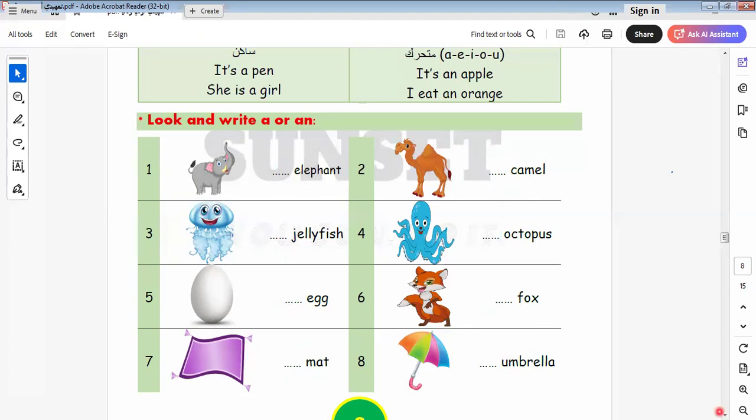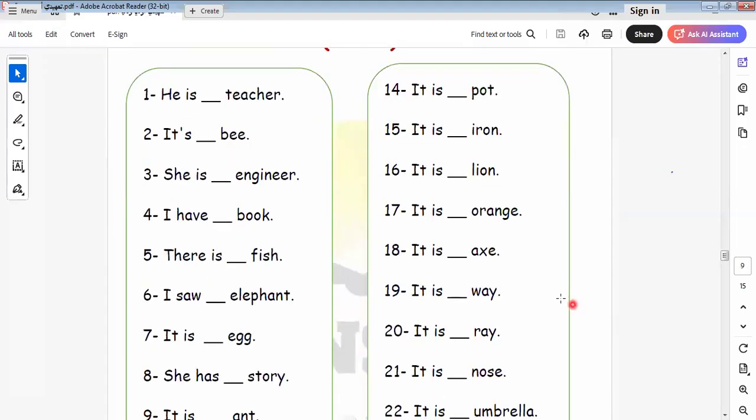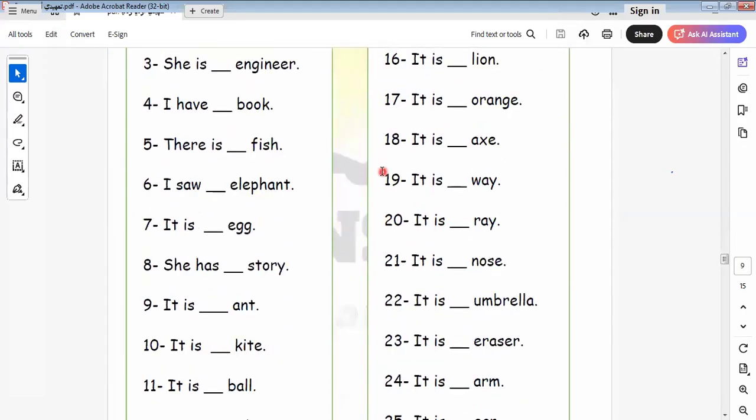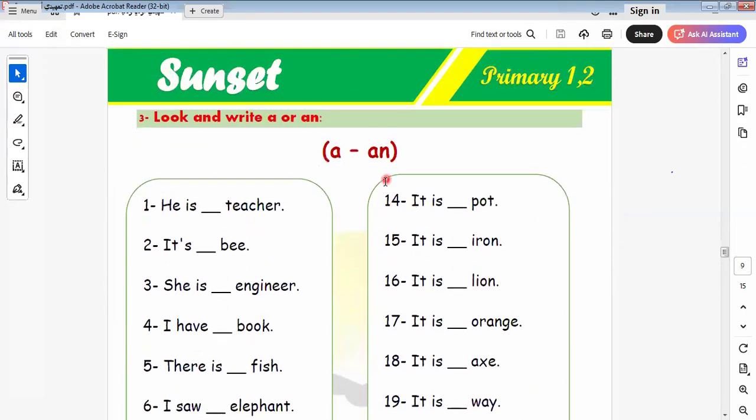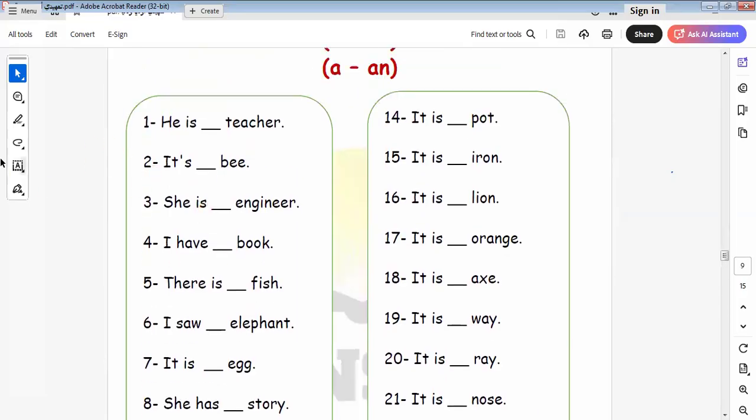Okay. Let's go to another one here. Here we say a and an. We have here 26 sentences. I answer some of them and I will leave the rest for you to do by yourself as homework. Here it will be a. He is a teacher. He is a, because B is a consonant sound. Here E is a vowel sound. Takes what? Takes an.